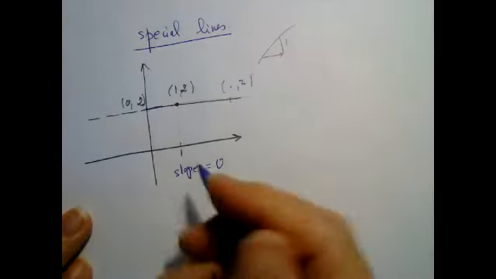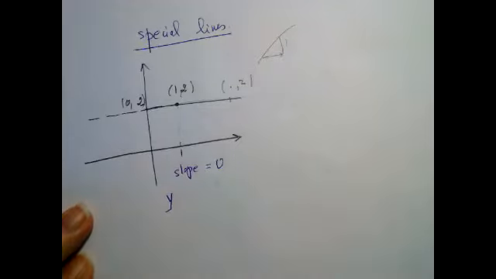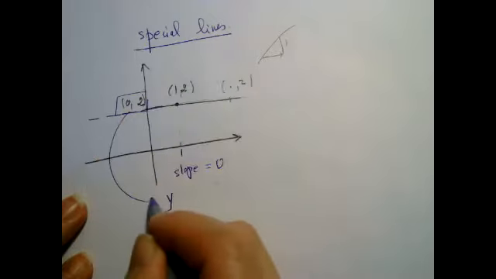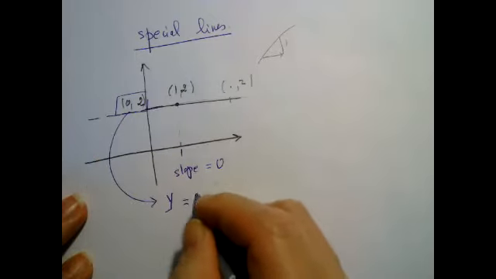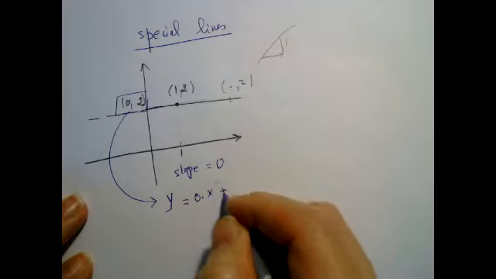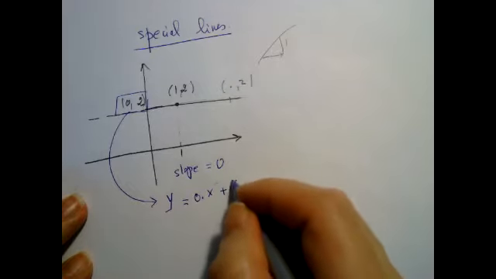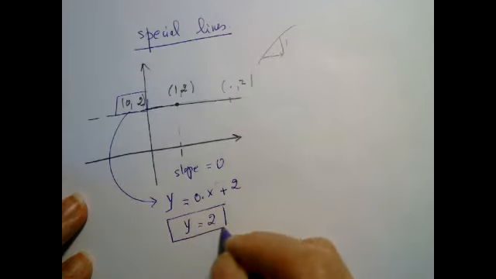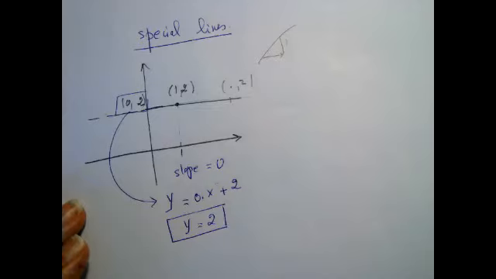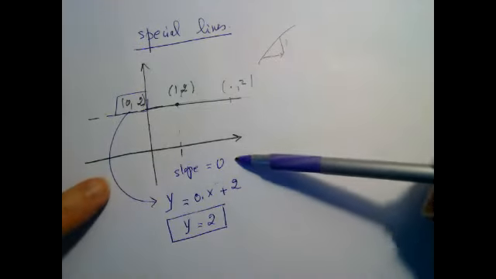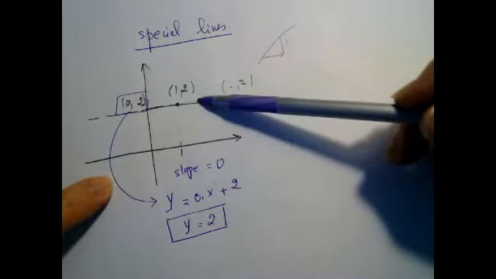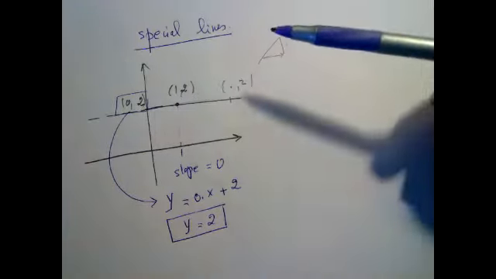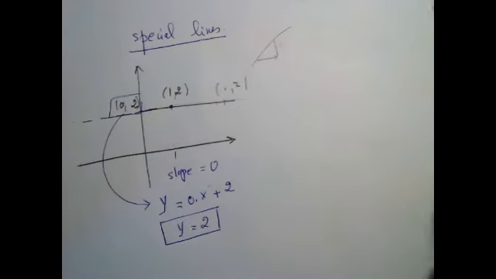So what's going to be the equation here? y equals 0 times x plus b, but the b here is 2, so y equals 2. That's the equation of a horizontal line. So if you have a horizontal line, the slope is 0 because there is no change in y, and the equation will be y equals 2. So y equals a constant represents a horizontal line.